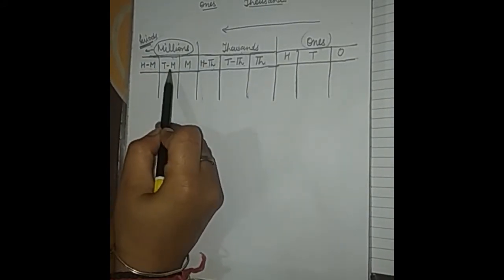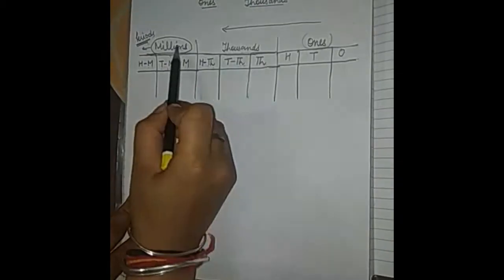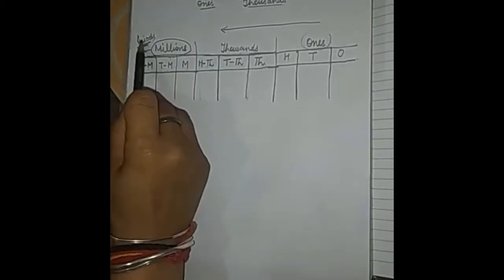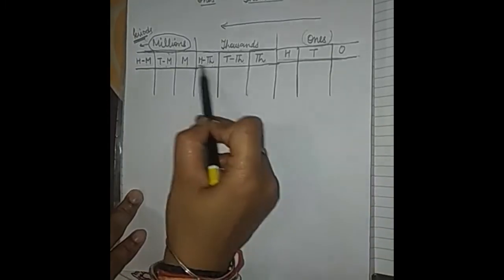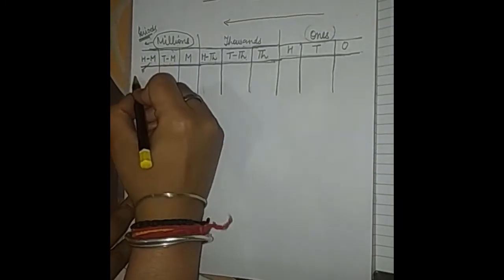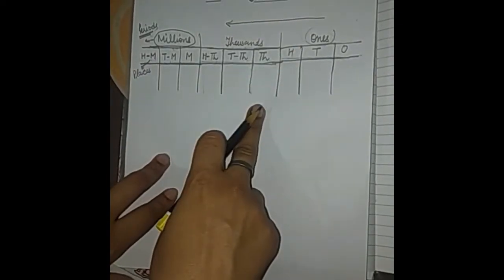This is millions, 10 millions, 100 millions. Now children, ones, thousands, millions, these are the periods, and these periods are further divided into three subgroups. These are called places in the international system.